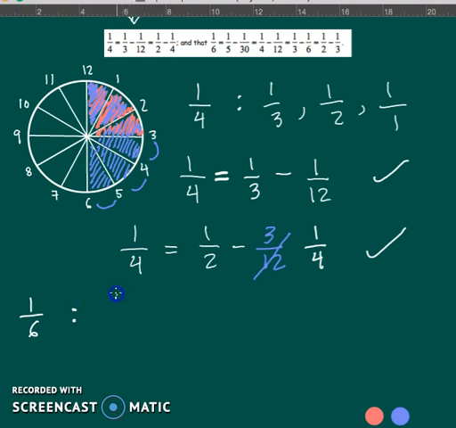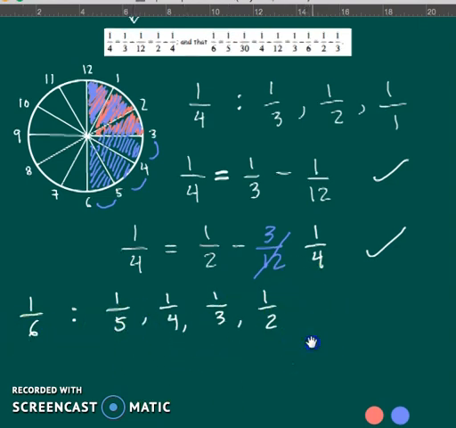So our options include 1/5, 1/4, 1/3, and 1/2. These are fractions that we can try to see if we can find one other corresponding unit fraction so that together their difference is 1/6.